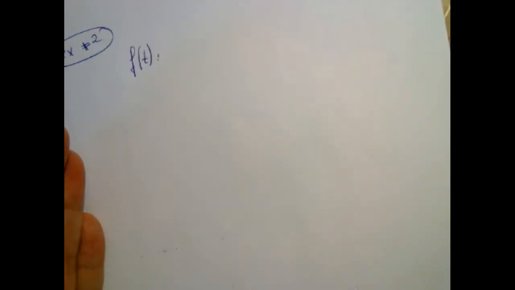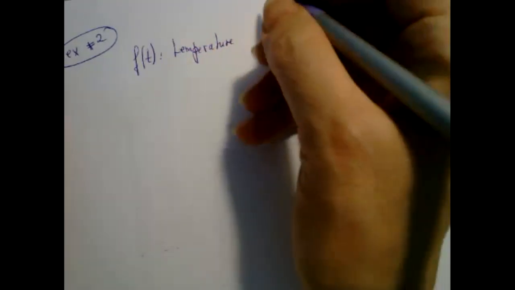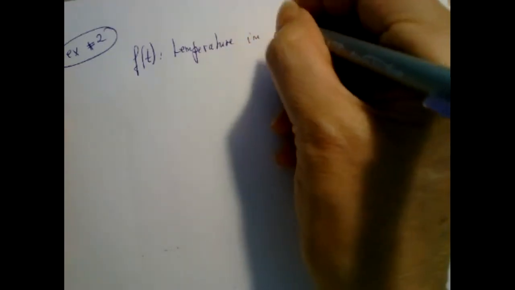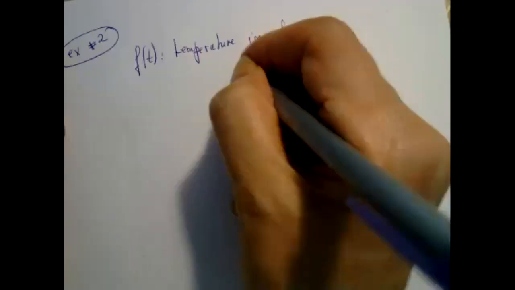My function now is the temperature. So throughout a day, the temperature changes. We know that. So it changes with time. In the morning we have a temperature, and then the temperature is varying with time. And suppose f of t represents the temperature in degrees Fahrenheit in Chicago on a specific day.